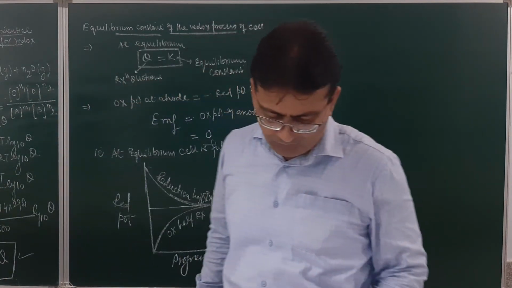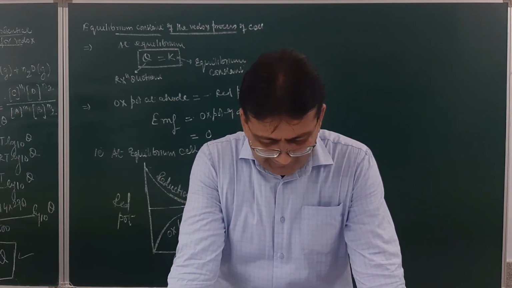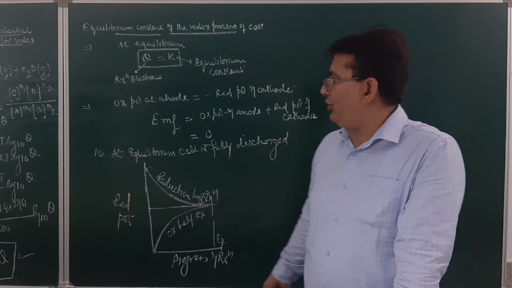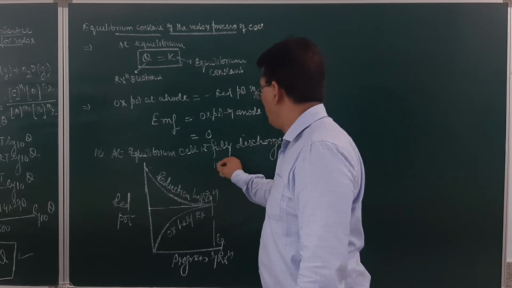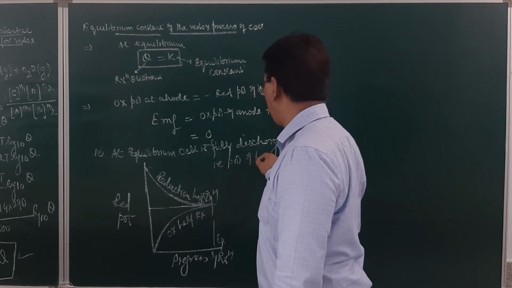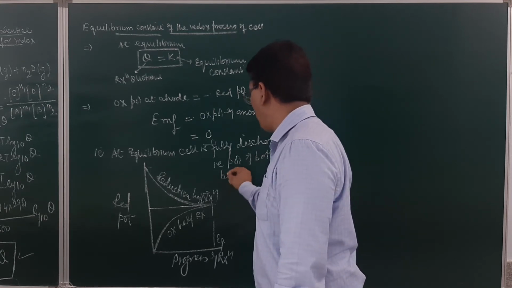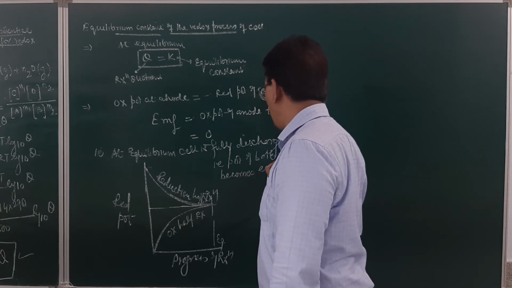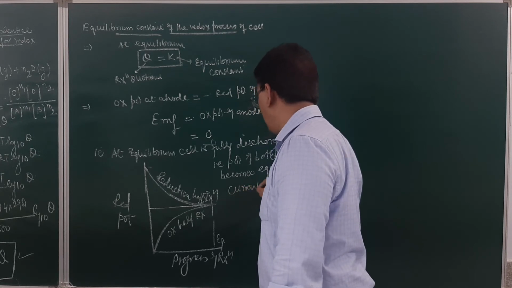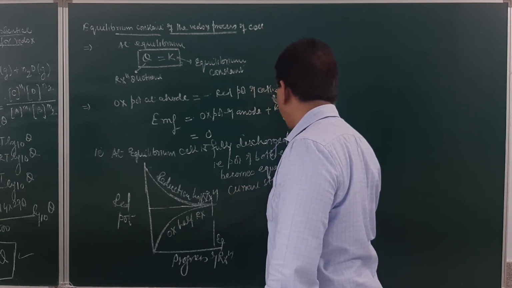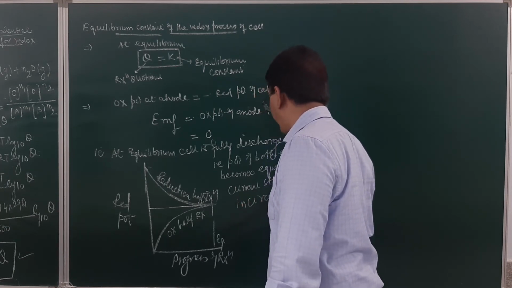So at the stage of equilibrium, the cell gets fully discharged, and the potential of both electrodes becomes equal and current stops flowing in the circuit. Is it clear or not, student?